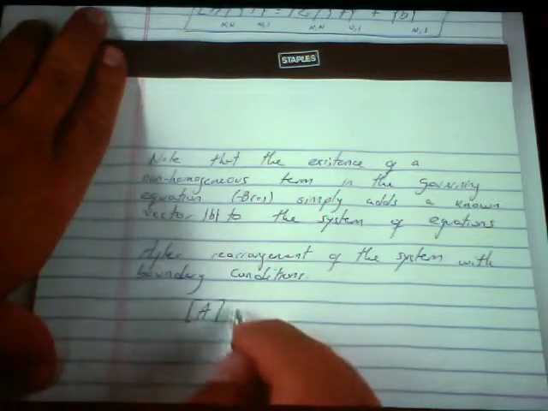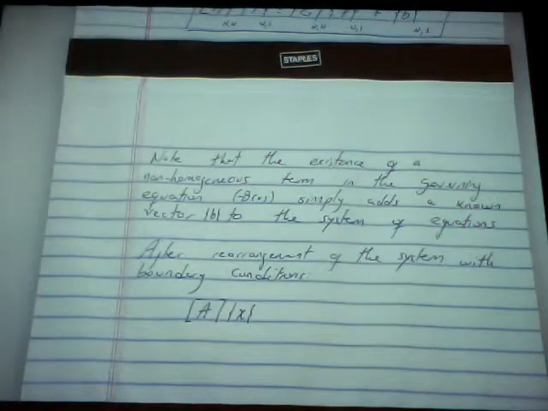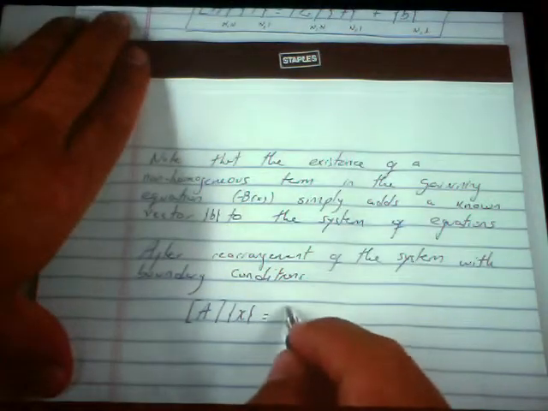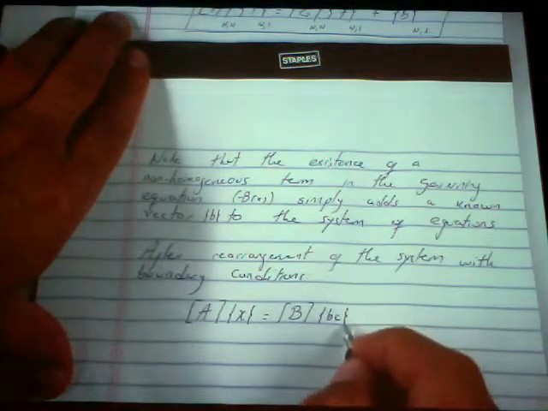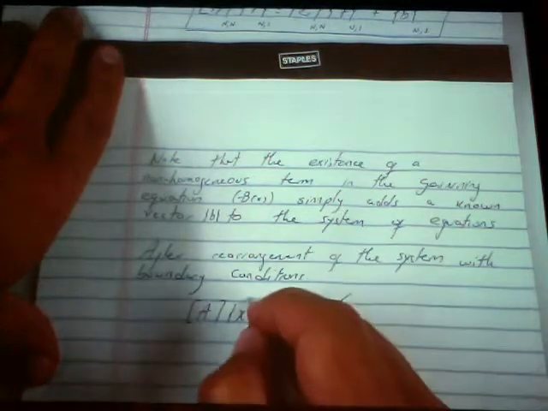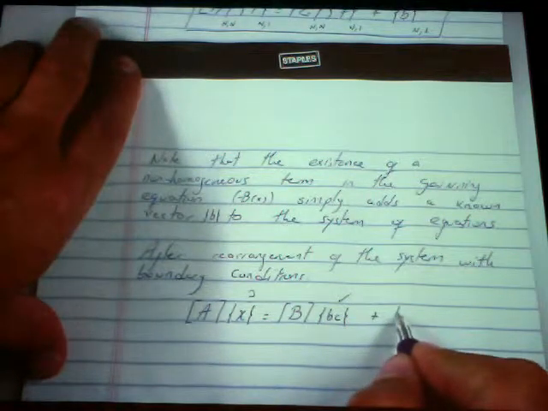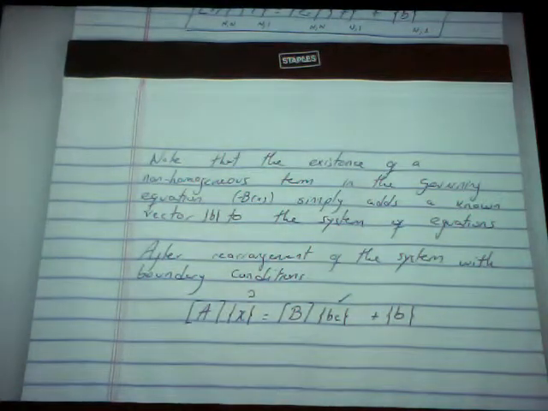A times x, where that vector x is what we're looking for, contains some t's and some q's, basically the part of the boundary that we don't know, is equal to some matrix B times the vector of boundary conditions, which is known. A and B contain pieces of H and G, plus the vector b. The dimensions have not been altered. It's all n by n and n by 1.